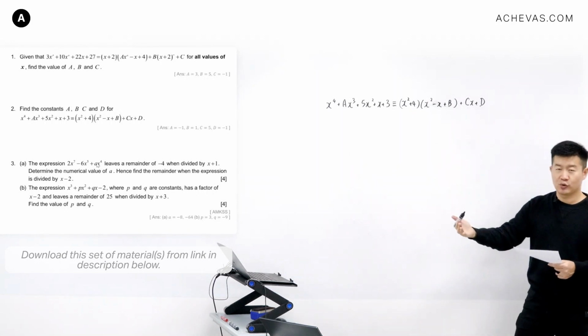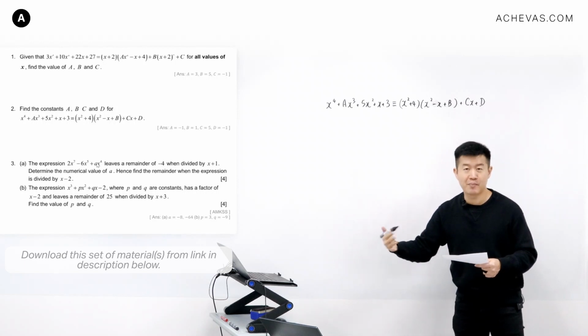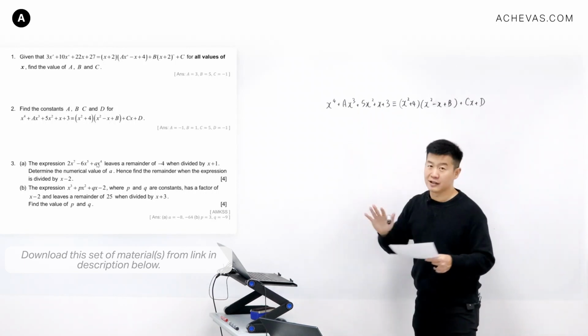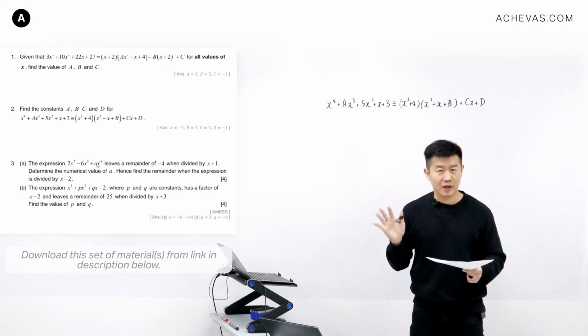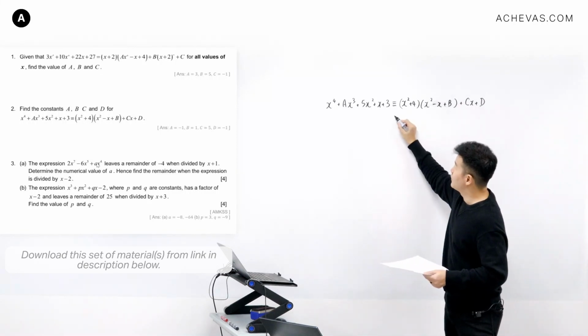And since we are trying to compare the coefficients of the same powers of x, on the left-hand side, I think it is fine. On the right-hand side, I'm going to expand and rearrange this.